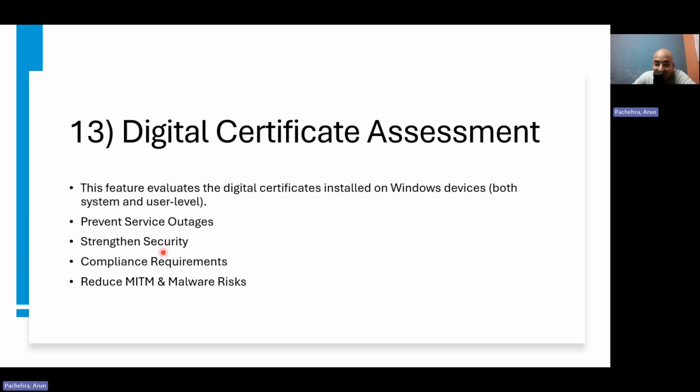It strengthens security, because weak or compromised certificates allow attackers to impersonate trusted services, and DVM ensures only strong trusted certs are used. Compliance is there too, because regulations like PCI or NIST require proper certificate lifecycle management, and certificate visibility is a key requirement for audits.